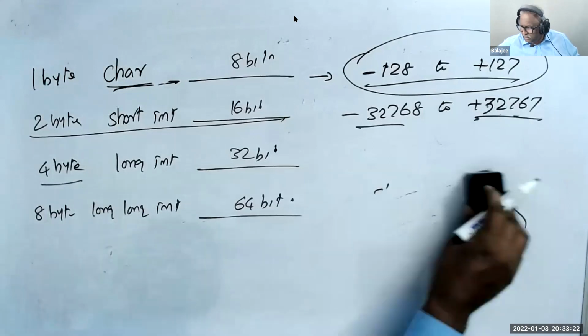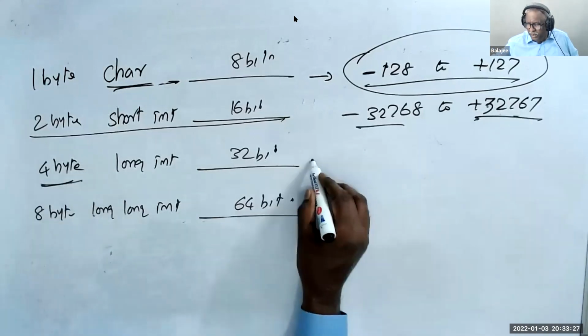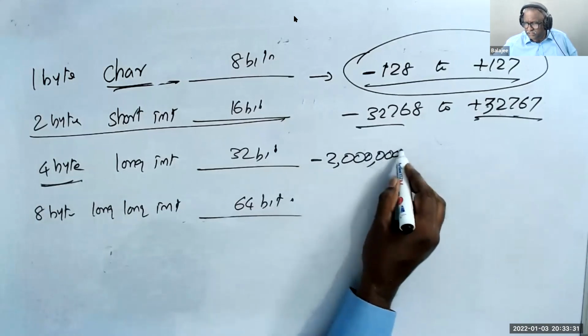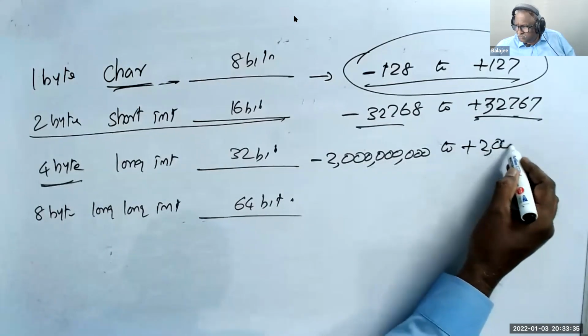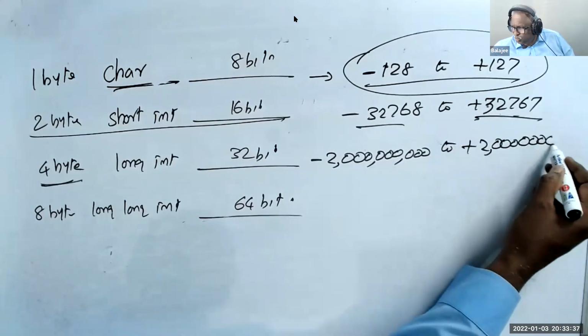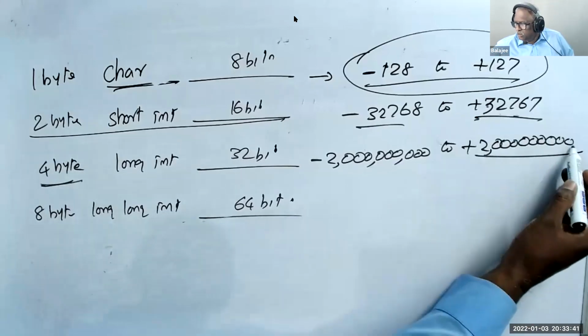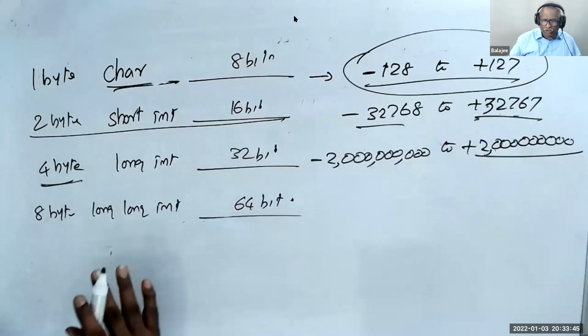Never do that. Same way, when I have a 4 byte, my number goes from minus such a big number to plus so big. You can go up to 9 digits. Don't worry if you use the long.